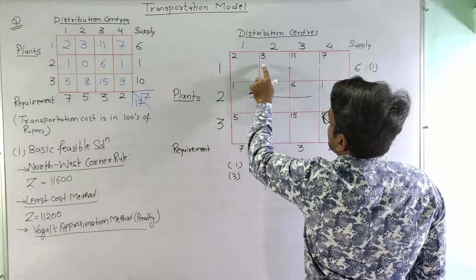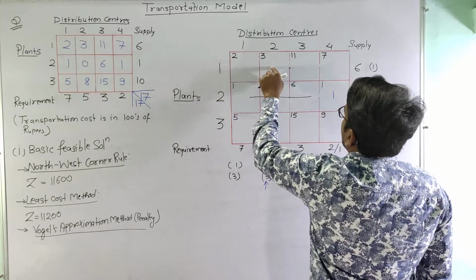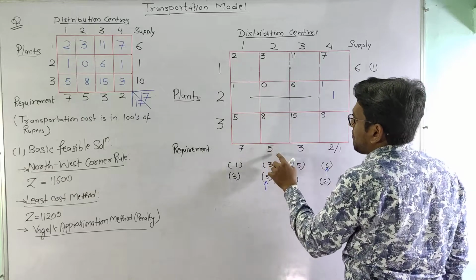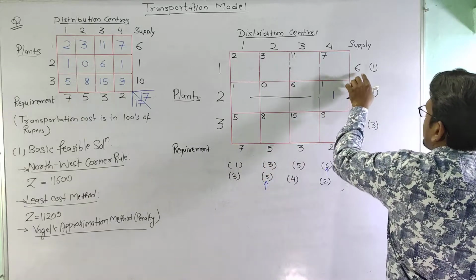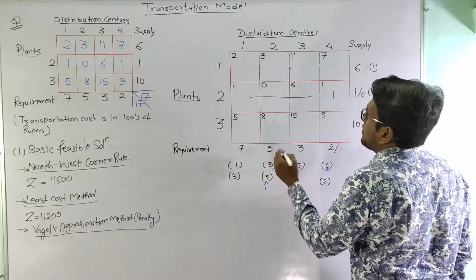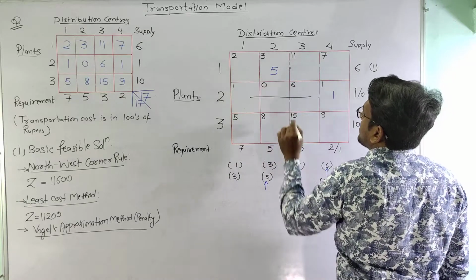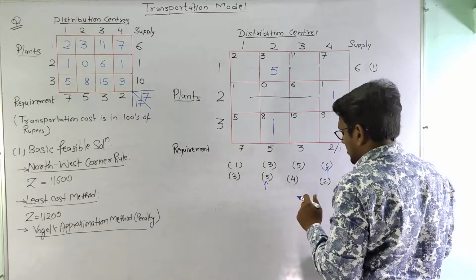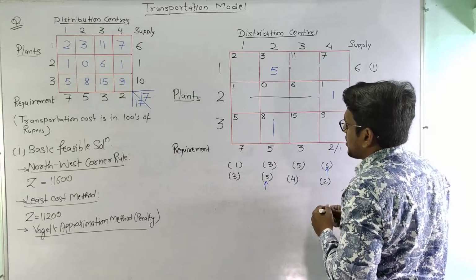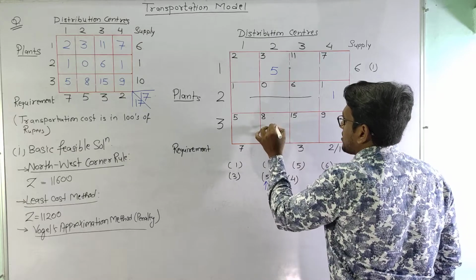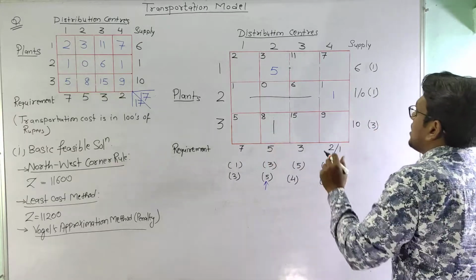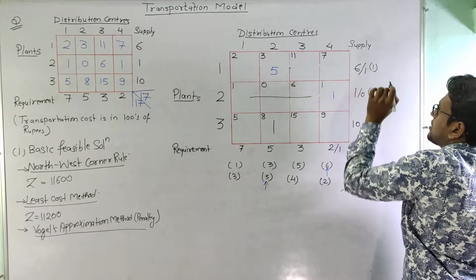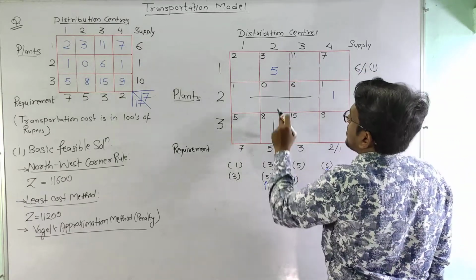In 3 we have a supply of 6 and a demand of 5, so out of 6 supply, 5 can be fulfilled. So we allocate 5 here, which means no more allocation can be done in this cell. Here out of 6, 5 have been allocated and only 1 is remaining.